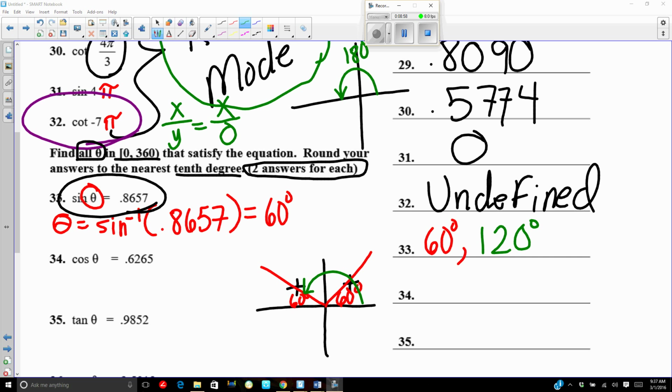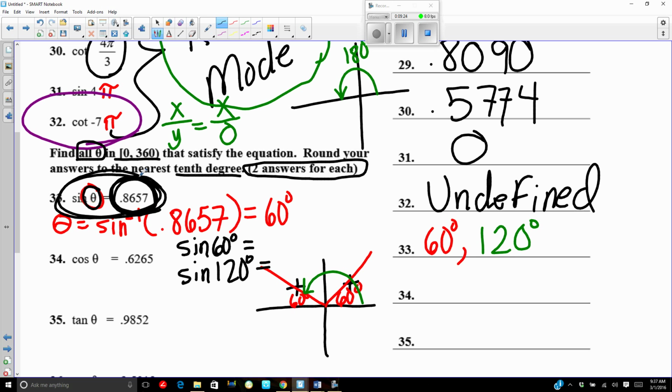And remember, you can check your answer. I encourage you to check your answer. You can go back and plug your angles back in for theta. So if you type in the sine of 60 in your calculator, or the sine of 120 in your calculator, you should get the same answer. Maybe not exactly 0.8657 because we rounded, but it should be pretty accurate.